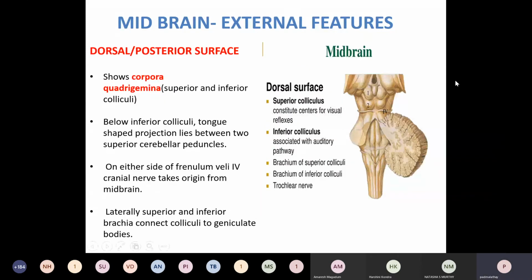So this is the dorsal surface of the midbrain. It appears like this. You can see there are 4 elevations present on the dorsal surface, which are called the corpora quadrigemina, which includes a pair of superior colliculi and a pair of inferior colliculi.